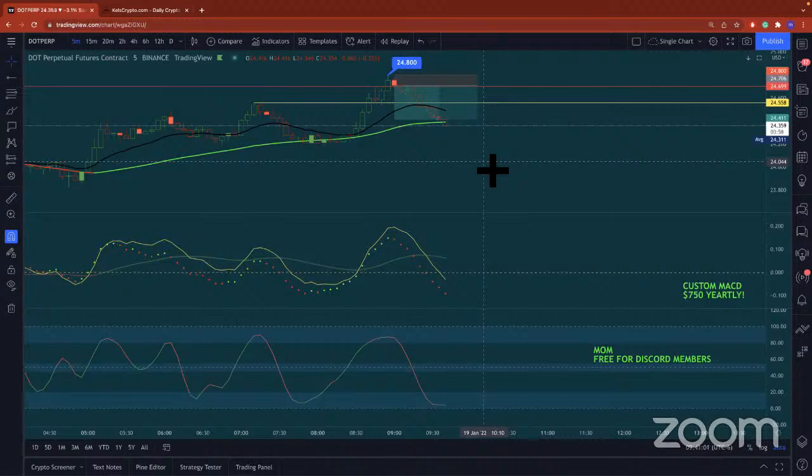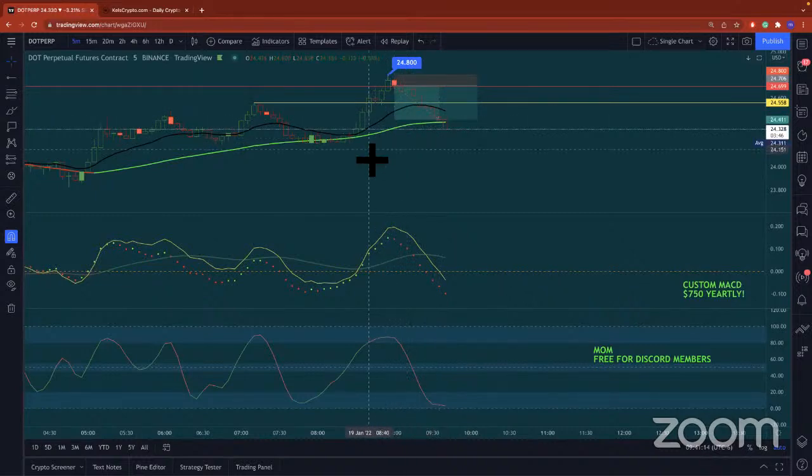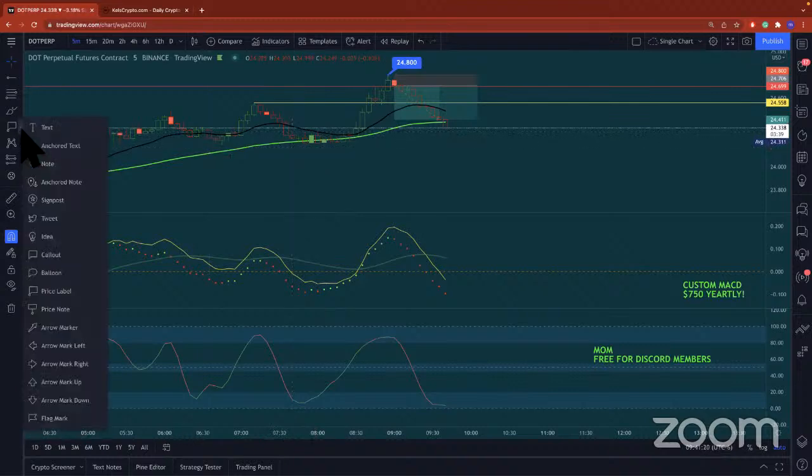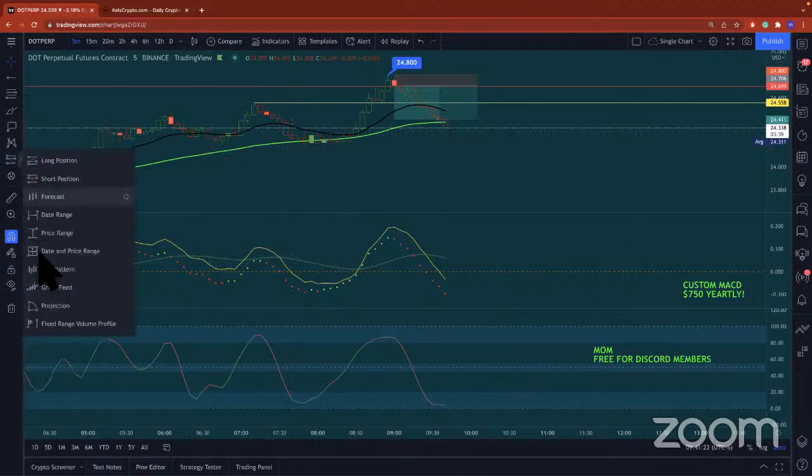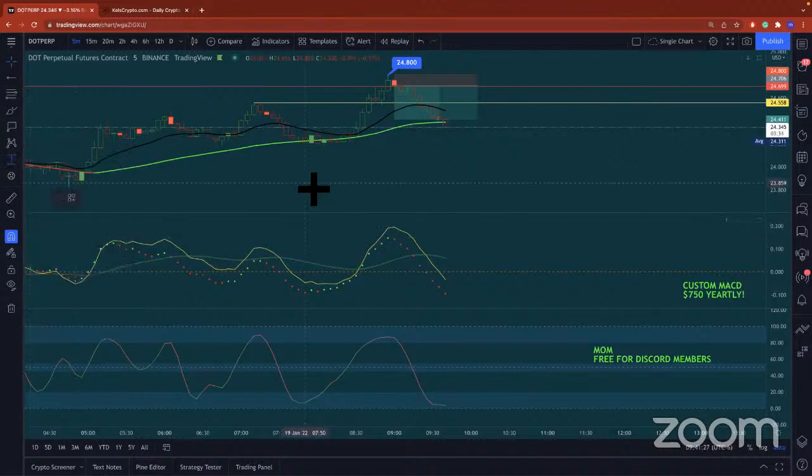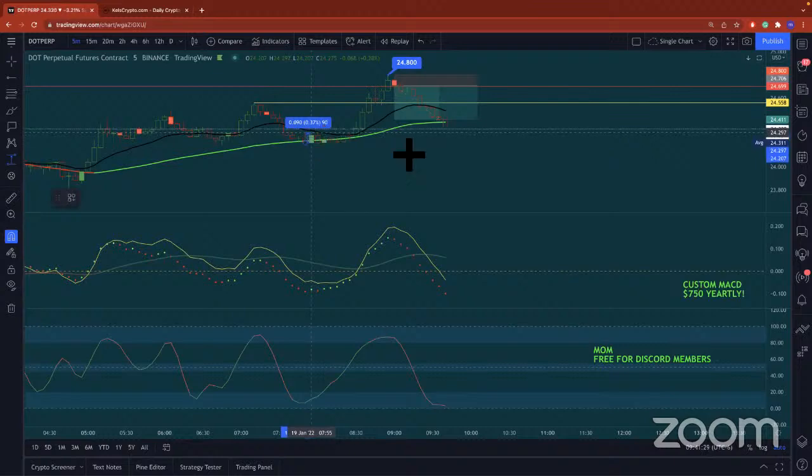And if we close below that green moving average, then we move our stop loss to the moving average and gain a little bit of extra profit. How far are we going to go down? Your next target is going to be right here. We can see that we clearly had consolidation there. And where is it? Price range, bam.